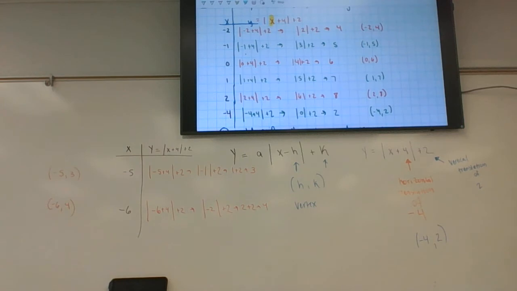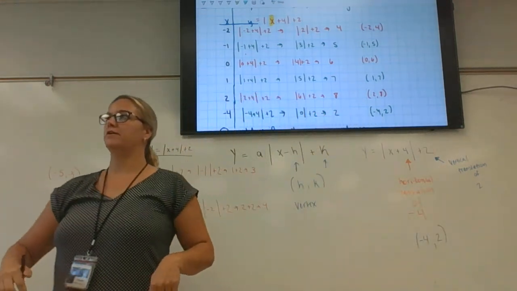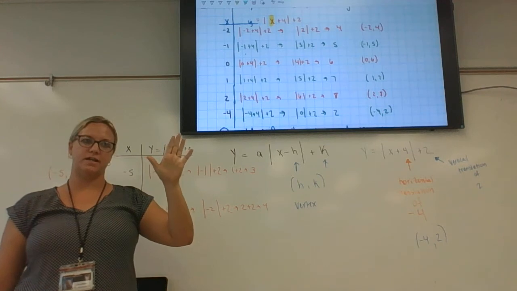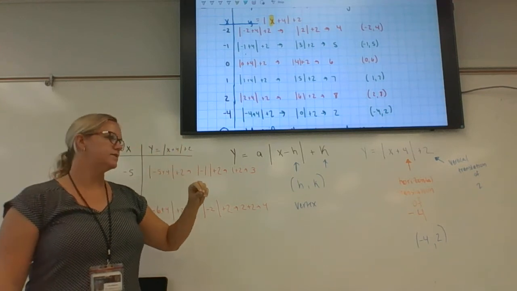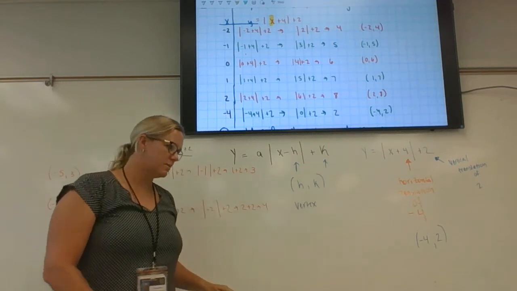You see it. Now I can see the important part of the graph, the vertex. So if you're asked to graph an absolute value function and you don't have the vertex, if you don't have the V shape, you haven't done it. You need to find that vertex. And now you know the vertex is just the numbers in the H and K spot.